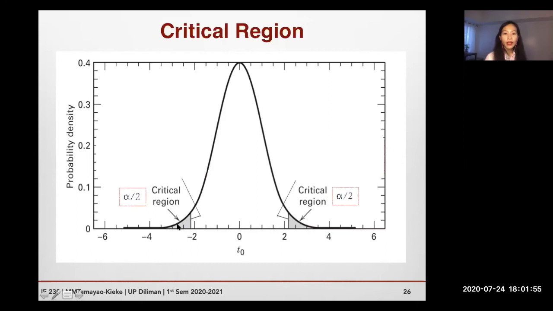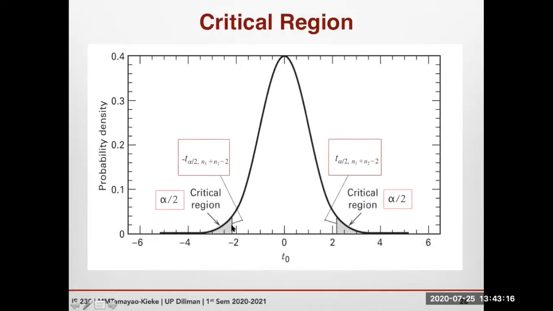So for a two-tailed hypothesis test, we would have alpha over 2 on the left side and alpha over 2 on the right side. These values would just be negative t of alpha over 2 with degrees of freedom n1 plus n2 minus 2. And on the right side, you have t alpha over 2 with n1 plus n2 minus 2.